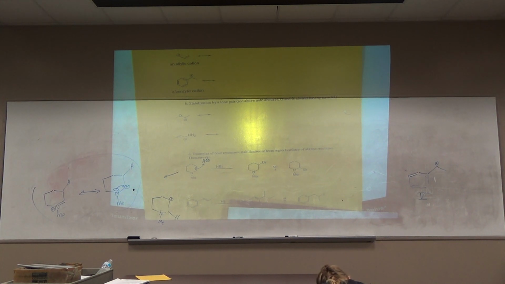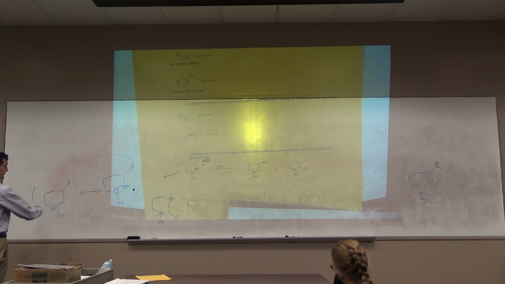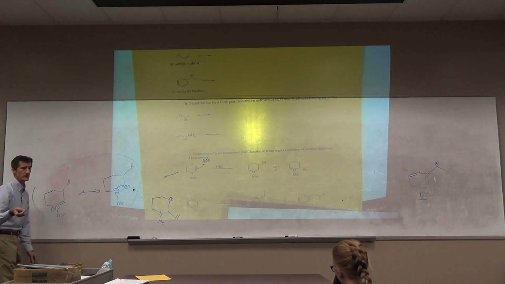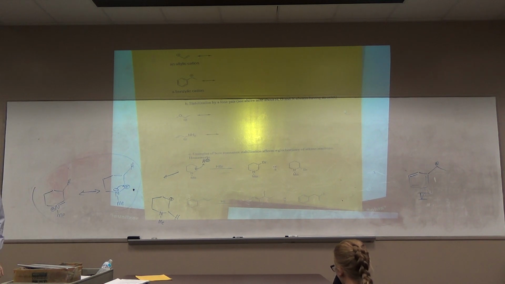Right? But there's two structures there. Yes, I'm showing two different structures to help illustrate the one carbocation that's formed. The one carbocation is the hybrid. I could have five resonance structures. It's still only one carbocation. All right, you got to remember that.